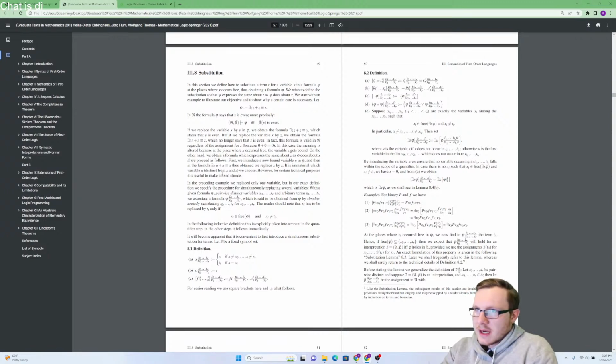So given a formula phi and pairwise distinct variables x0 through xr and arbitrary terms t0 through tr, we associate a formula phi with this symbol over here, which is said to be obtained by simultaneous substitution of t0 through tr for x0 through xr. Xi is only replaced if xi is free, of course, inside of the system. So then there's a couple of definitions about this.